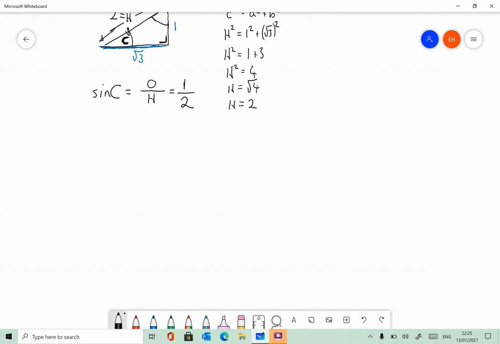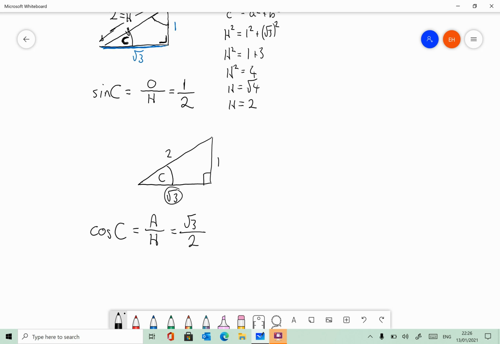I'll just draw my triangle again now that I have all the sides filled in. So it's 1, root 3 and 2, and the angle C is down here and our right angle is there. And we're now asked to find cos of C, and cos of C is equal to CAH, adjacent over hypotenuse, which is root 3 down here, all over the hypotenuse, which is 2.